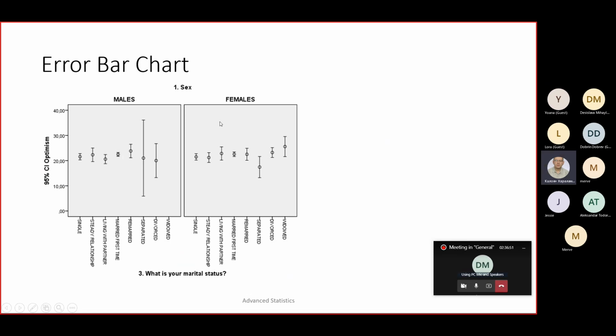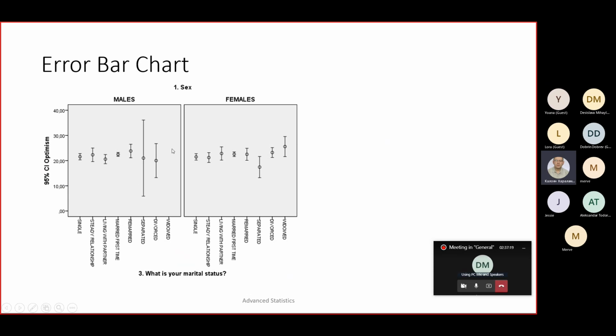We can compare males and females, and here we can see that in the group of males, sampling errors are very big, and this will lead to the acceptance of the null hypothesis.